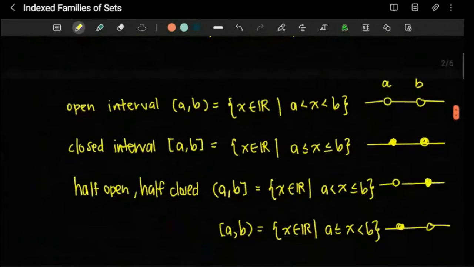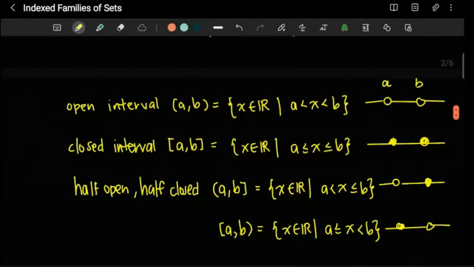Recall in algebra, open interval or in calculus, kung saan nyo man siya ginamit. When I say open interval (a, b), ang ibig kong sabihin is the set containing all real numbers between a to b. So to imagine that in a number line, gagawa ka ng number line, so anything in between, yan. Not including the endpoints. So the segment a to b, not including the endpoints.